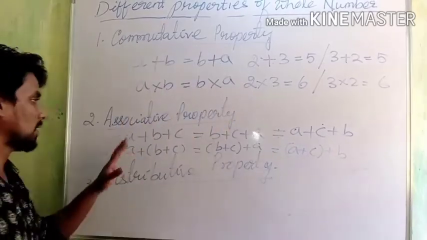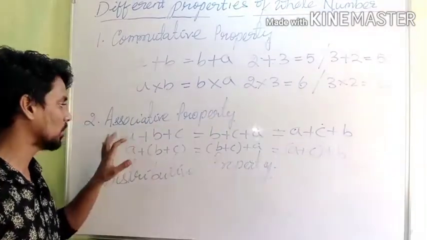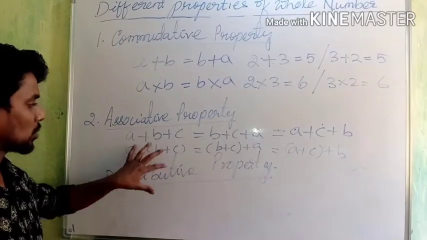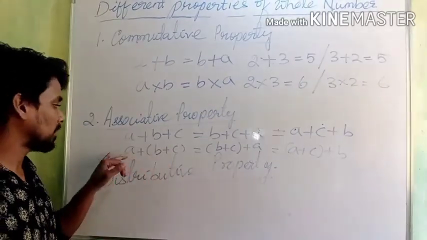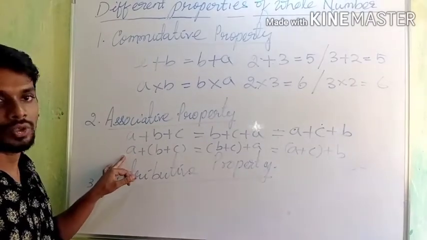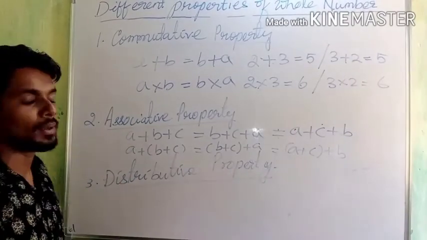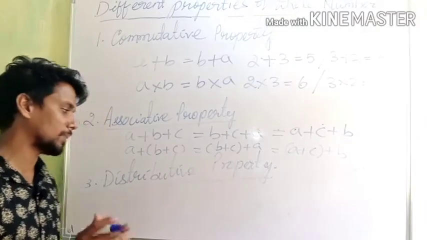Whatever I do, in this associative property I'll take the first two values, add them, and after that add the third value. You understood? Similarly, this is applicable for multiplication also.